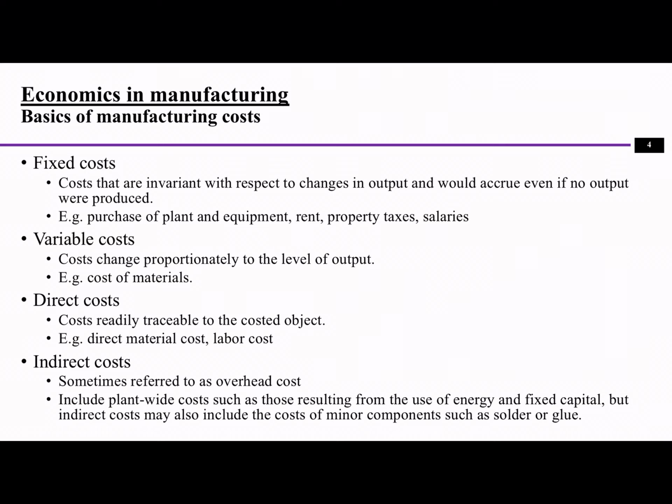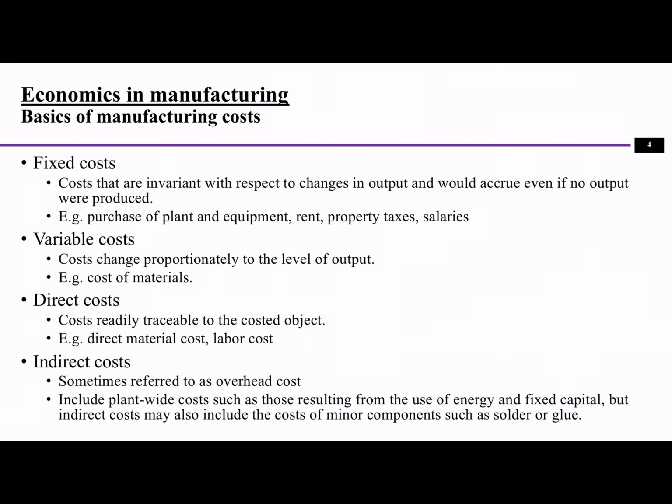For example, you spend $1 million to purchase this machine, and in the next 10 years, you rarely use it. That's a fixed cost regardless of how many products you make with this machine. If your plan is to keep this machine for 10 years, even if you never use it, you still have to pay this $1 million.